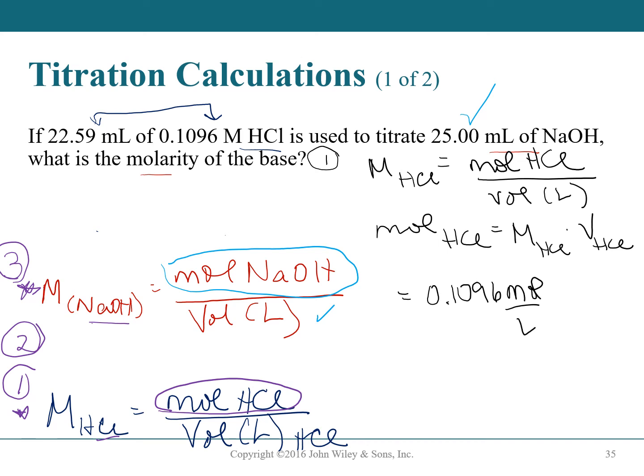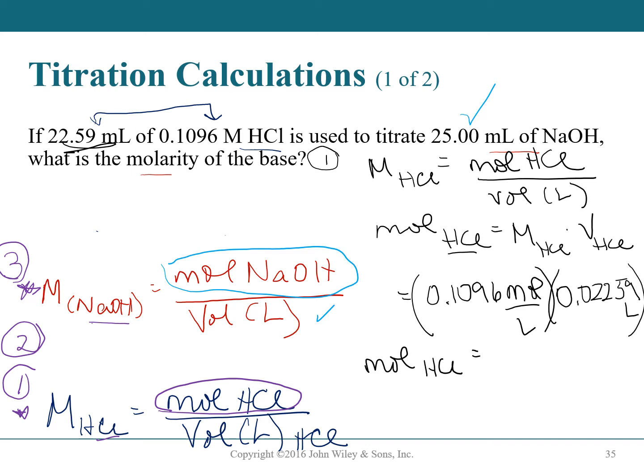So hydrochloric acid molarity times the volume, and I'm going to convert that to liters: 0.02259 liters. So for the moles of hydrochloric acid, we know it's 0.1096 times 0.02259.